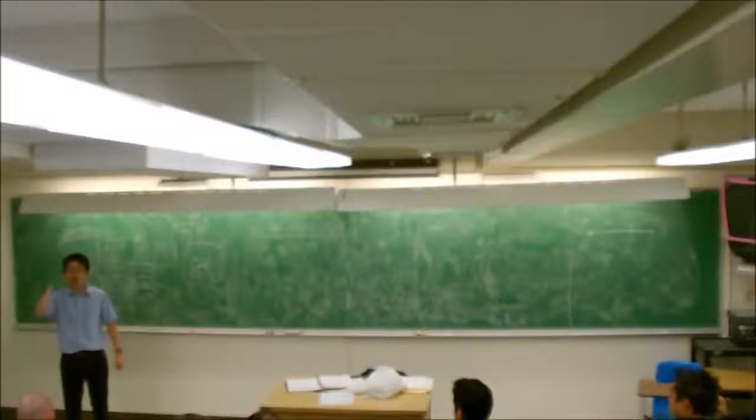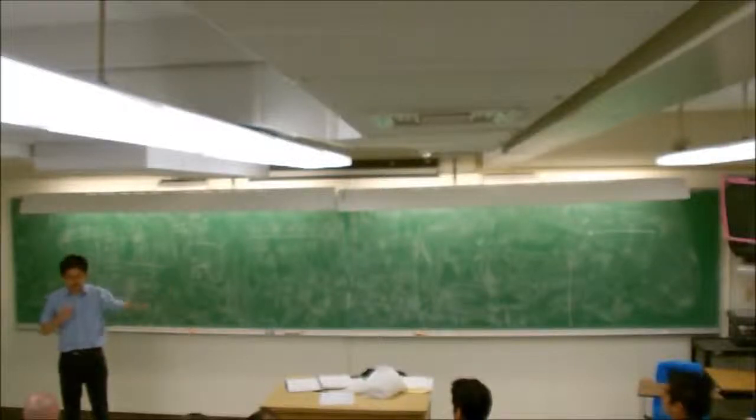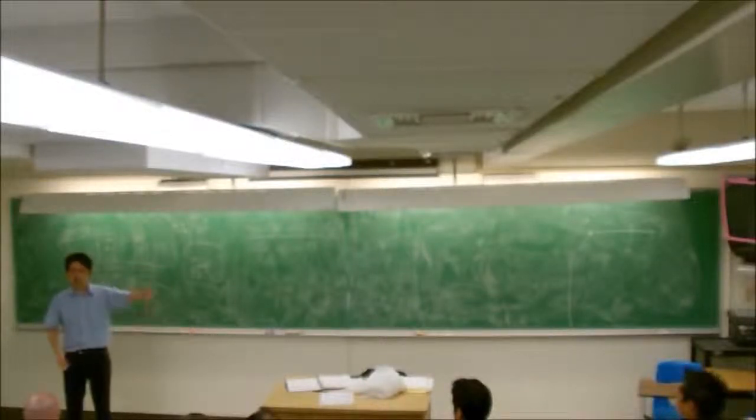We care about motion. If v is positive, if my derivative is positive, I'm increasing. I don't care if I'm going from 0 to 10 or from 1 million to 1 million 10.